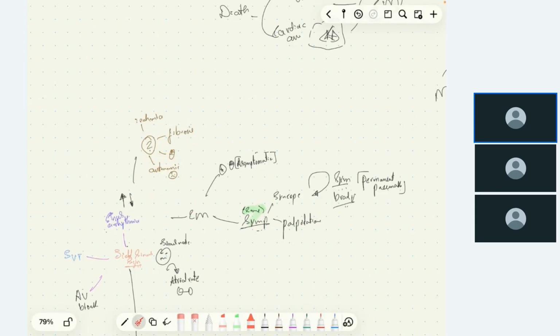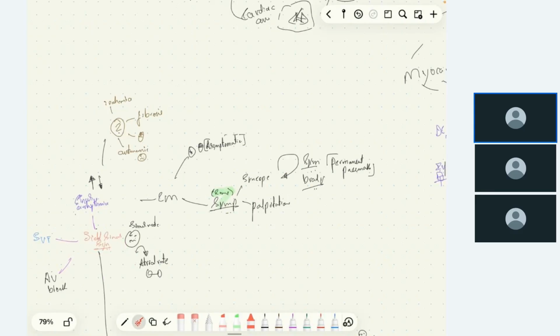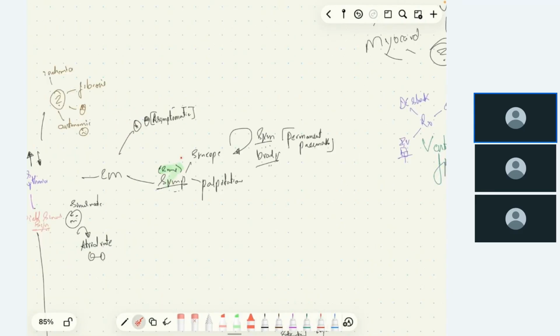Please remember, most of the patients with sick sinus syndrome are asymptomatic. We will only pick them up on ECG. If the patient is asymptomatic, you need not treat the patient. No treatment is required, boss. If the patient is symptomatic, which is only seen in some patients, those will be syncope and palpitations.